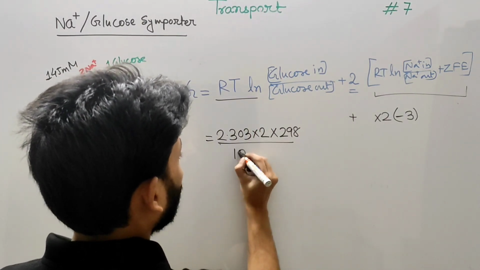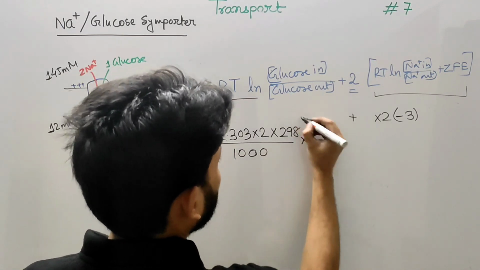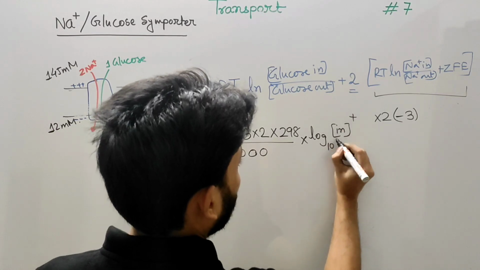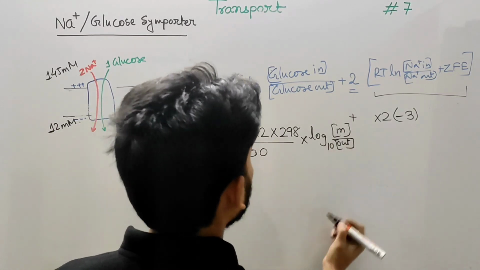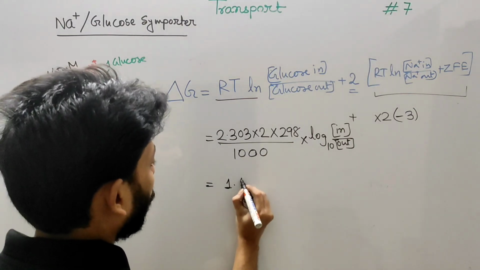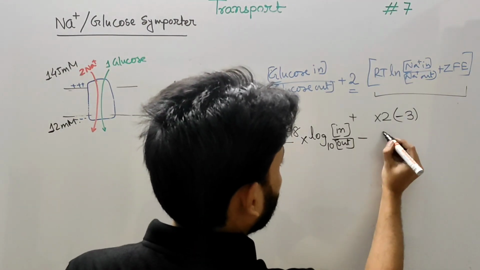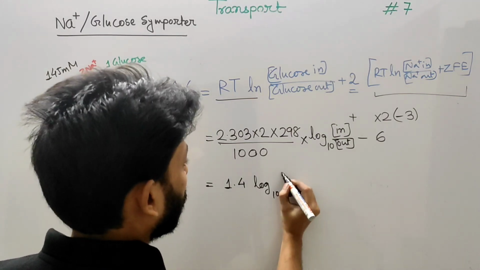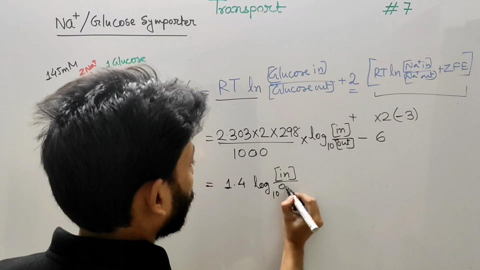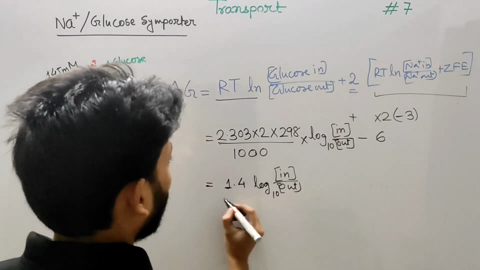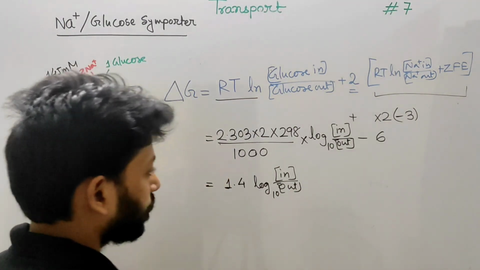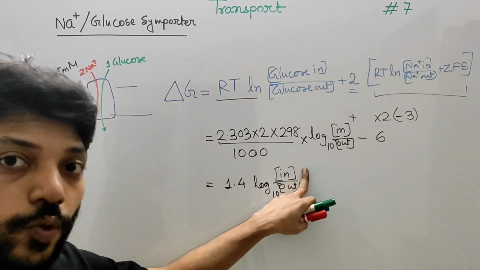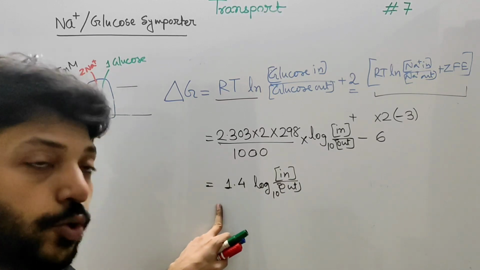We have to divide this by 1000, and we will get the log 10 value of glucose in divided by glucose out, and this value is 1.4, so minus 6 here will be 1.4 log 10 in by out. This is very simple, you see. And one thing we have to understand is that we can measure the inside concentration and outside concentration of the glucose by this equation also.